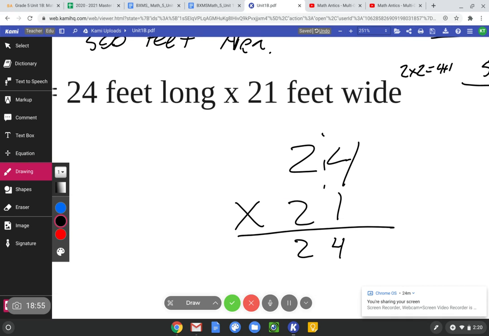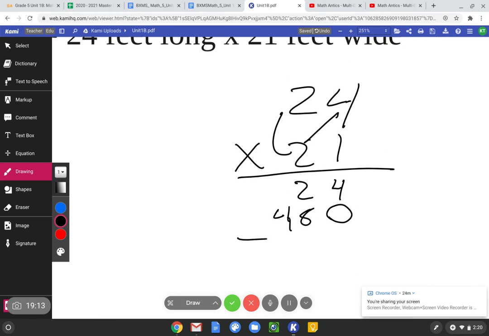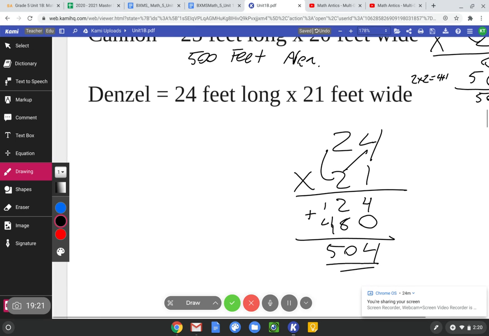So we're dealing strictly in the tens. That's where we begin. So we're going to put the 0 as a placeholder. 2 times 4 equals 8. 2 times 2 equals 4. Now let's add these up. 4 plus 0, 4, 10, 504.